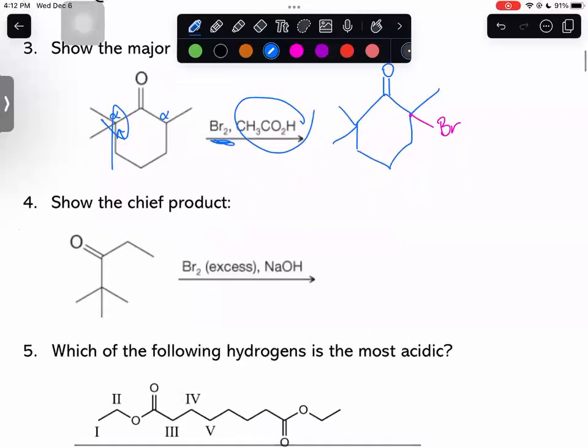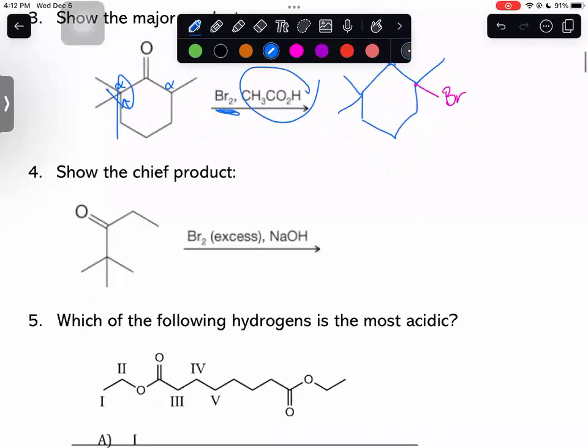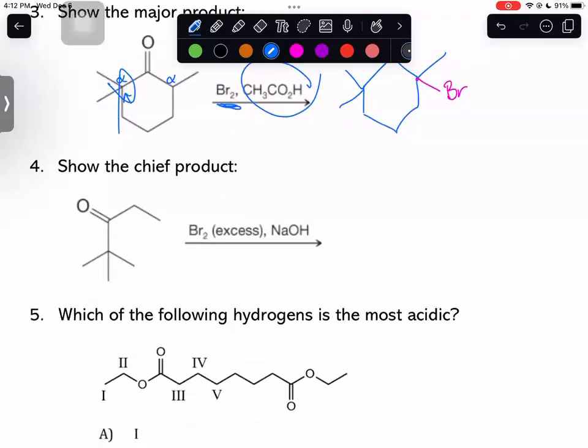Okay. Now let's do a similar reaction. They're asking for the chief product, which, if you're taking West, you know just means the major product. That's it. Is that one a haloform reaction? We see excess of what?